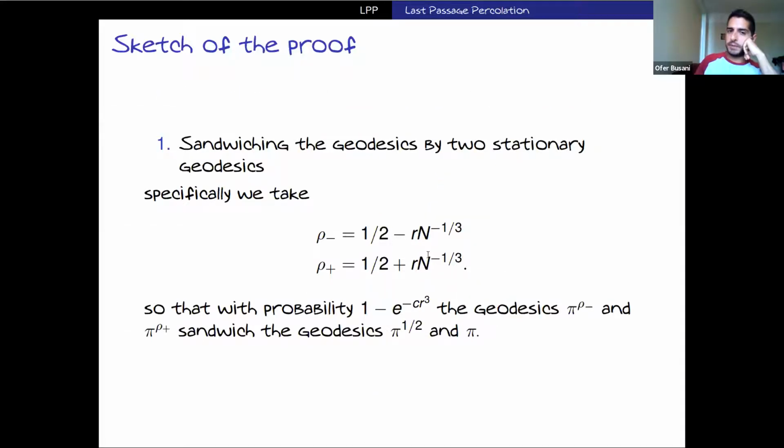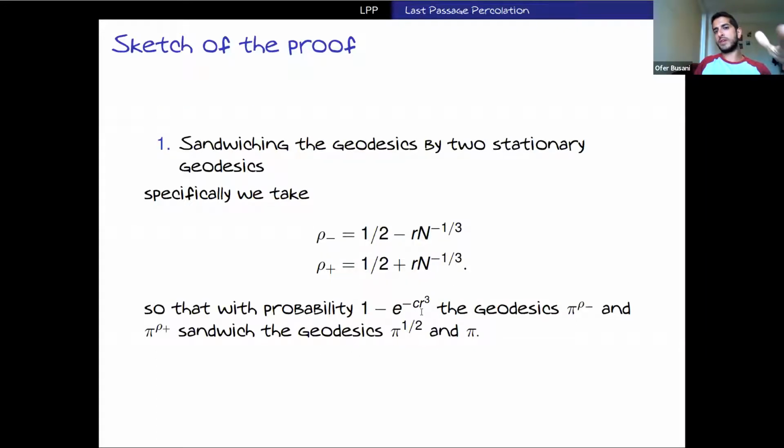More concretely, this can be done by taking rho minus 1/2 minus some constant r n to the minus 1/3, and similarly, by adding a bit, we define rho plus. This will ensure that with probability 1 minus exponential minus C r to the third, the geodesics would actually sandwich the stationary and the point-to-point geodesics. So we're tweaking a bit the density at 1/2 to get this kind of sandwiching.